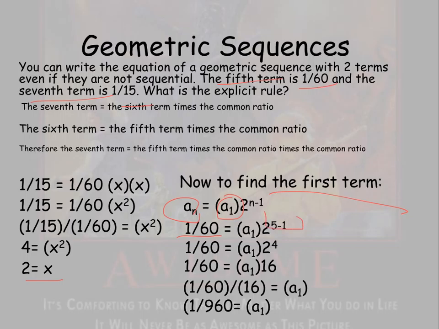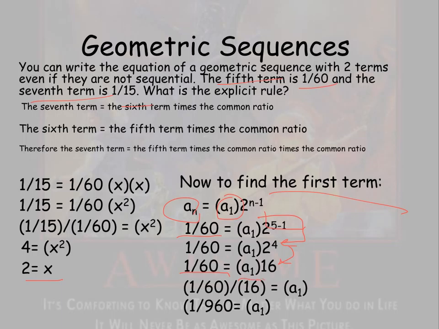So instead of n there, we're going to put in 5. And since it's subtracting 1, 5 minus 1 is 4. And we can simplify 2 to the fourth power to get 16. If we're trying to figure out the first term, this would just be 1/60th is equal to the first term times 16.